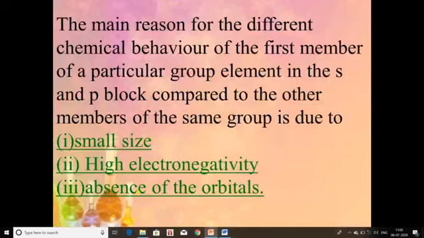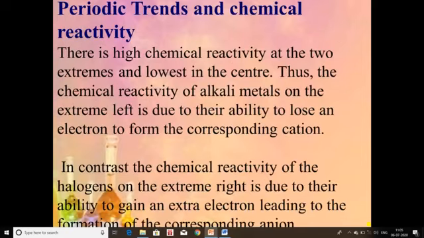So the reason is due to small size, high electronegativity and due to absence of the d orbital. There are no d orbitals present in these elements, that is why they show different or anomalous properties.